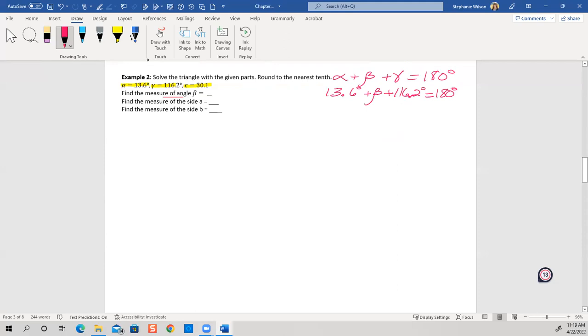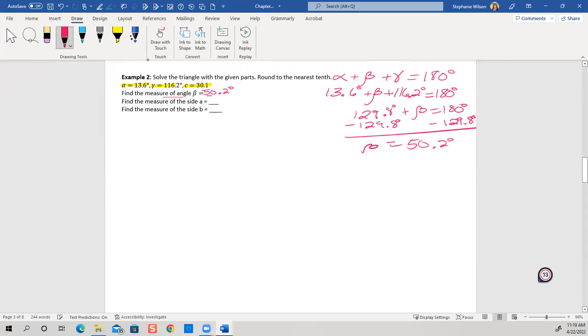And now I'm going to add the 13.6 plus the 116.2 together, and it gives me 129.8 degrees plus that beta. And now let's subtract the 129.8 degrees from both sides because I want beta by itself, because that's what we're solving for. And that gives me 50.2 degrees. So now I know beta.